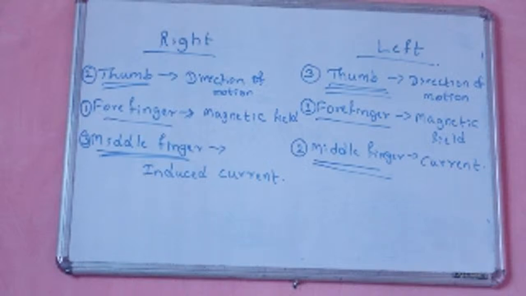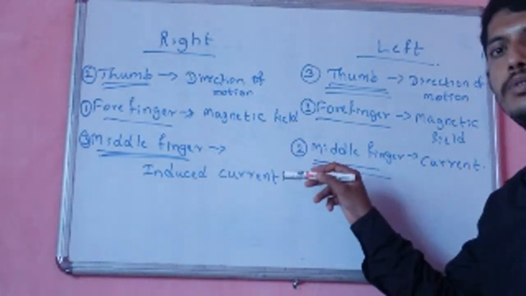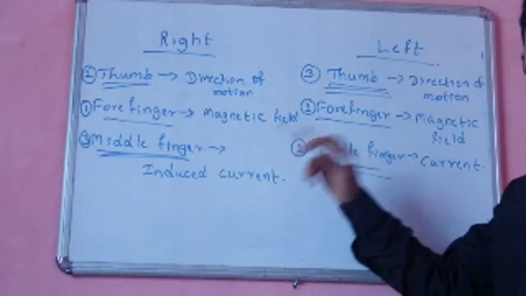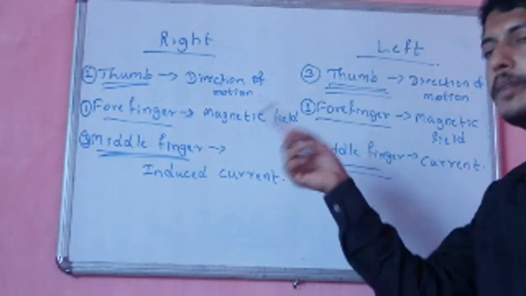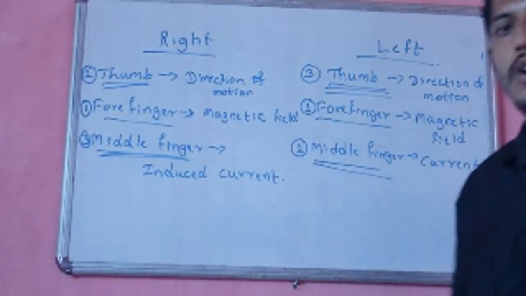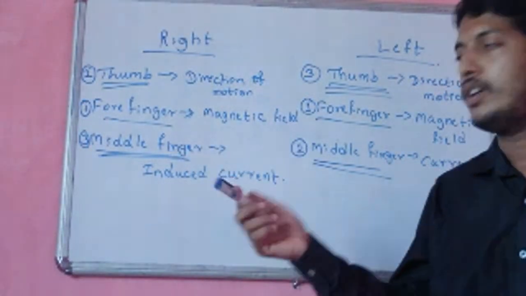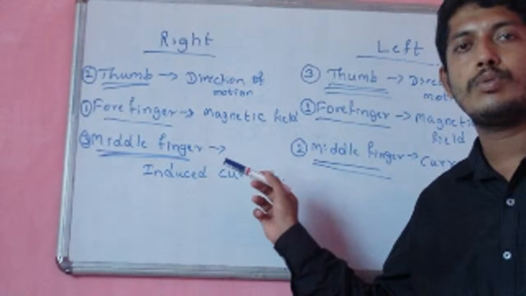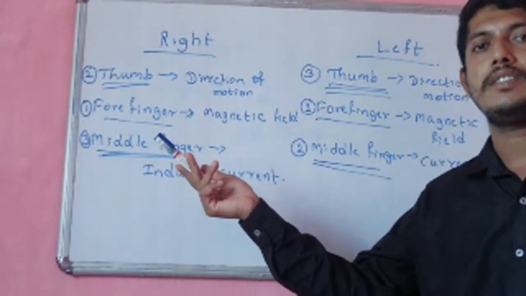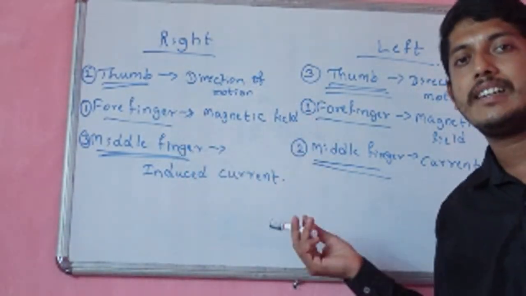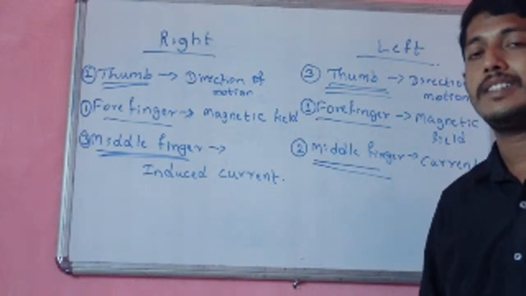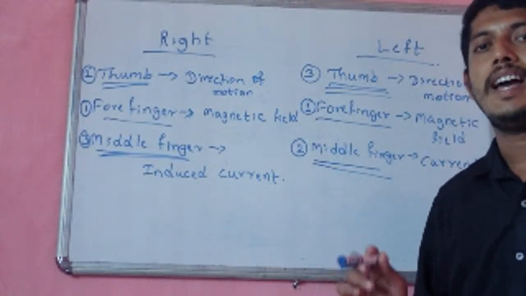Rotating means mechanical motion, so the electricity is converted into mechanical energy. Therefore it converts electrical energy into mechanical energy.